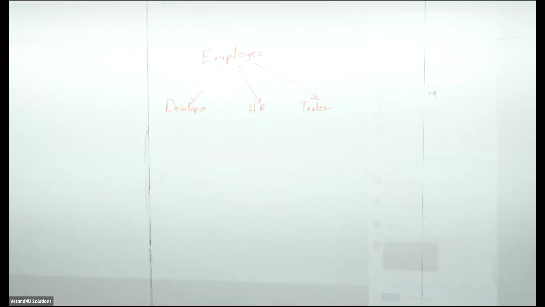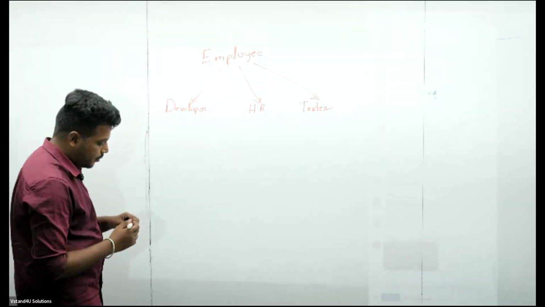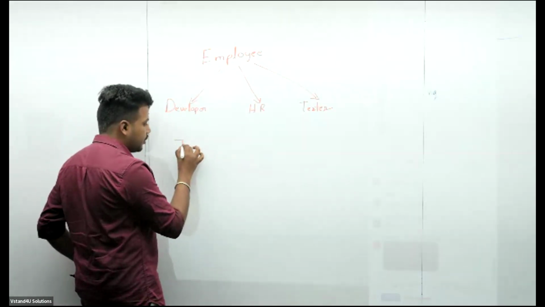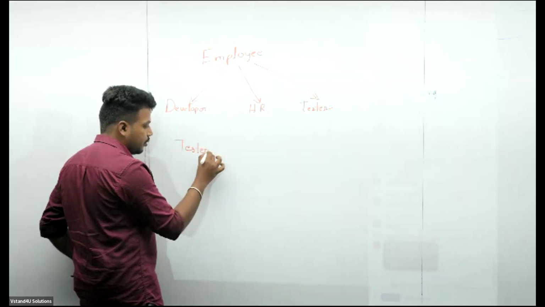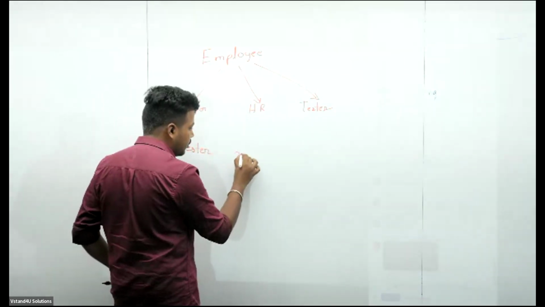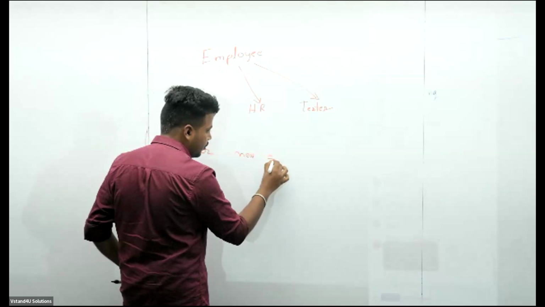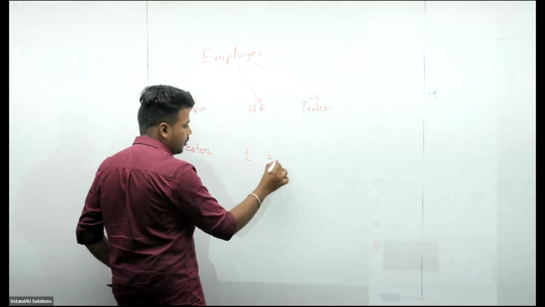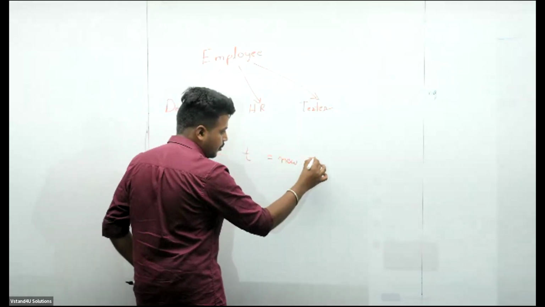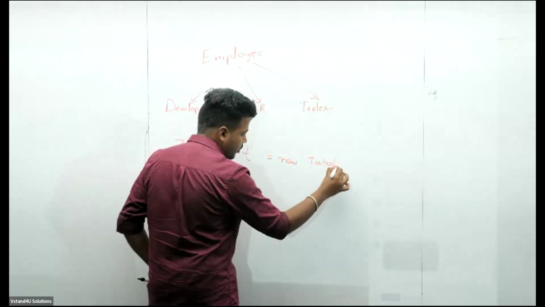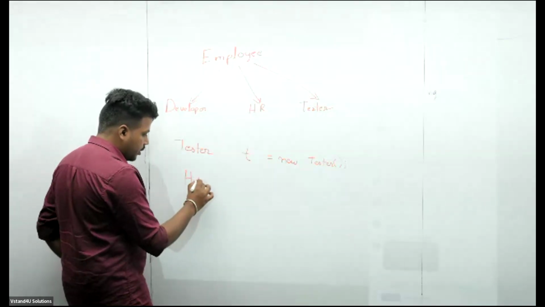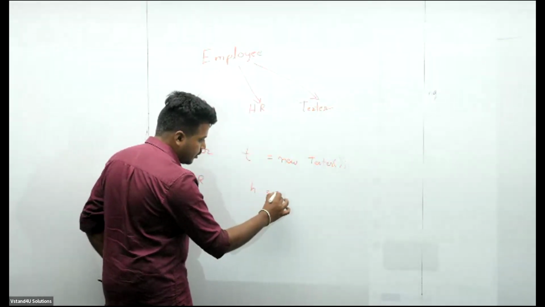So here I need to create. I'm creating every object. Tester T new. HR H new.